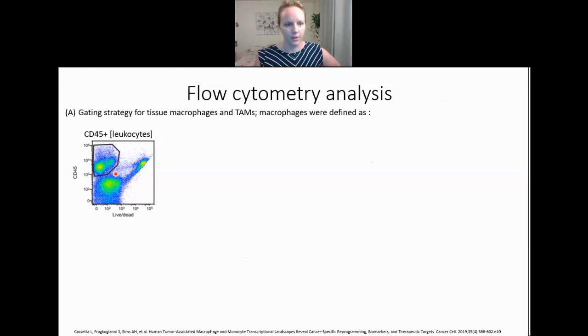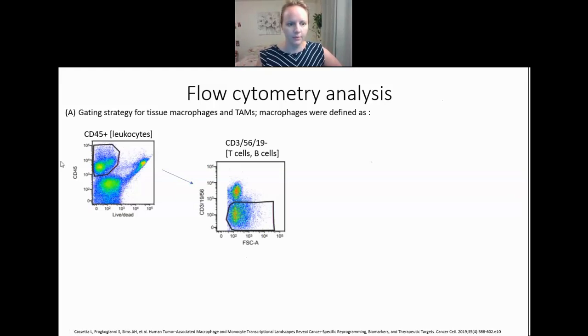From this population, you can look at your other markers. So within those cells that express CD45 and they're alive, then they looked at excluding, as I said, you can use markers to exclude from your analysis as well. They wanted to only look at leukocytes that were basically not T cells and B cells.